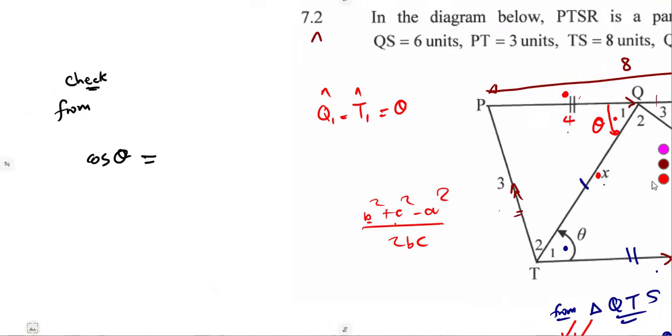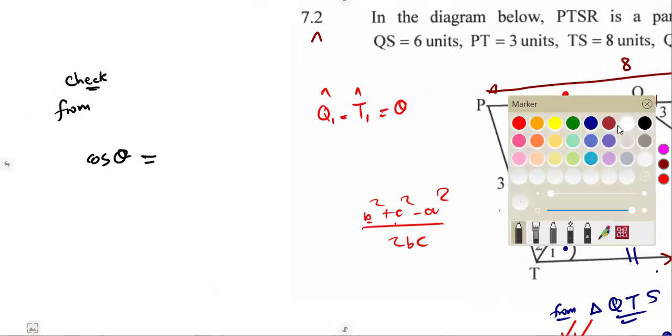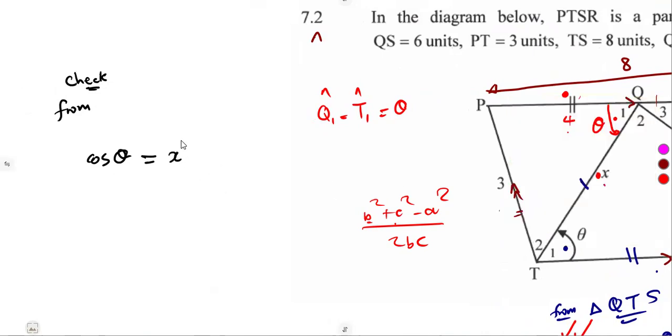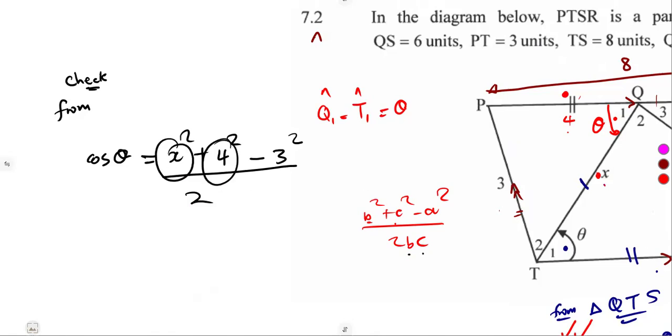So we've got 4 and x. That is x squared plus 4 squared minus the side that is opposite angle theta, which is 3 squared, everything over 2 times b and c, so that is 2 times x times 4.